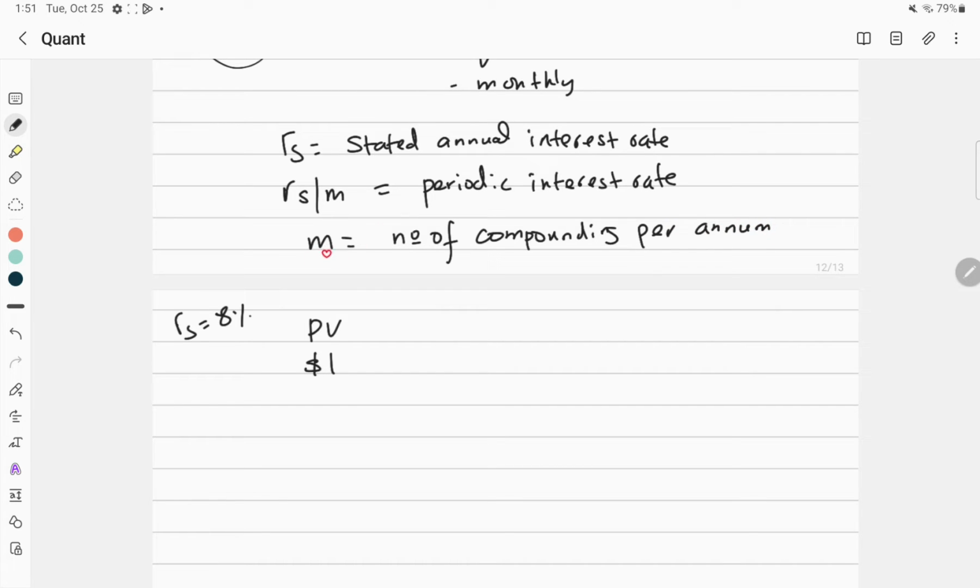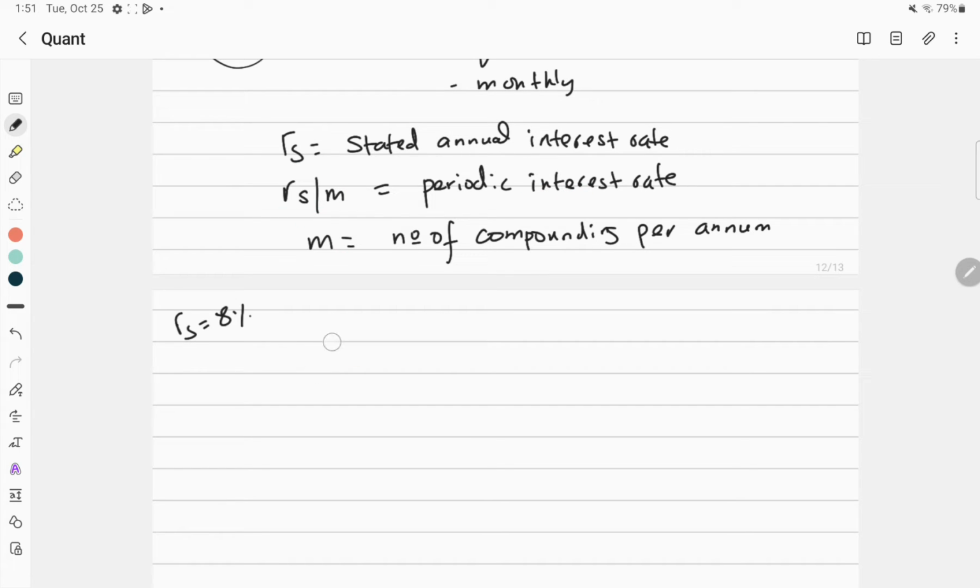For example, if M is 4, then it's quarterly compounding. If M is 2, it's semi-annual compounding. If M is 12, then it's monthly compounding. So RS over M here is the periodic interest rate.